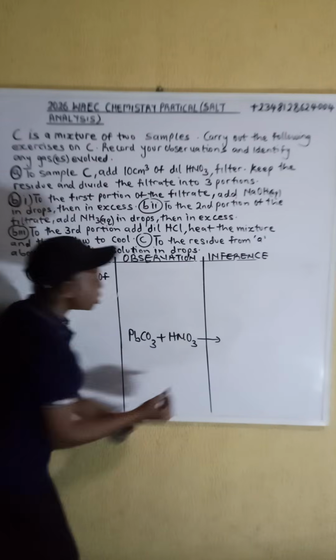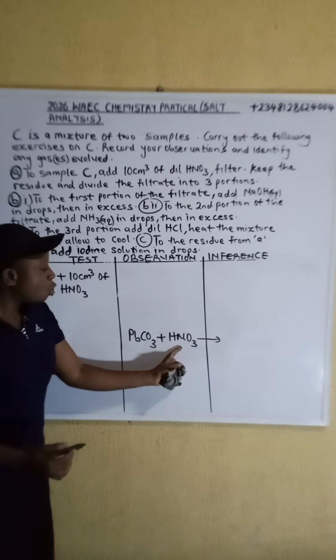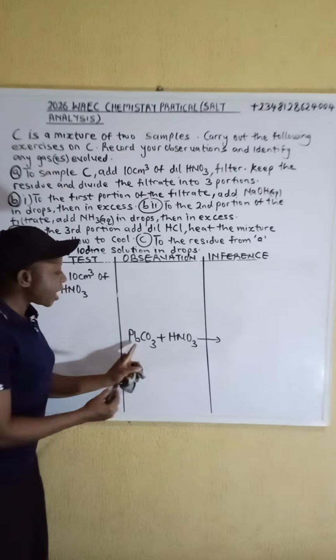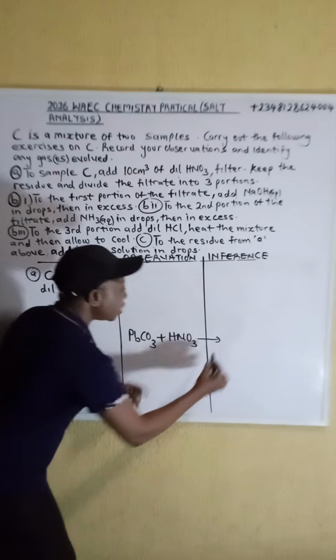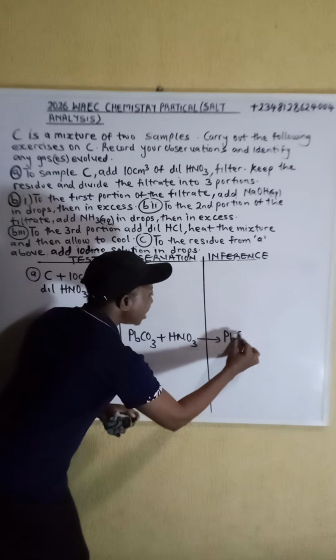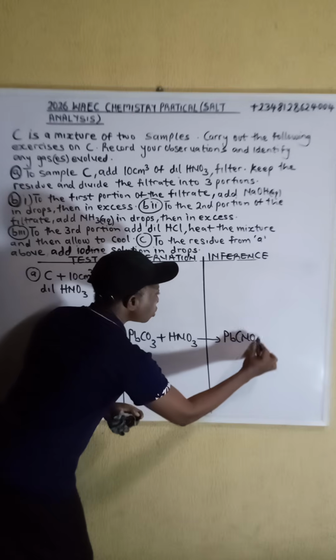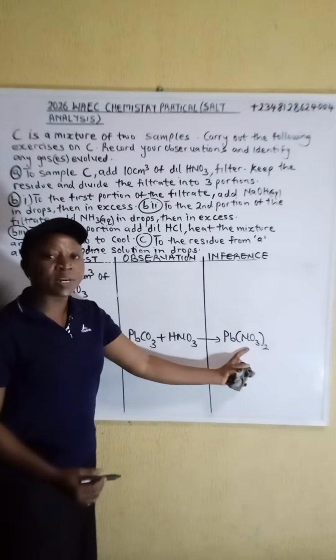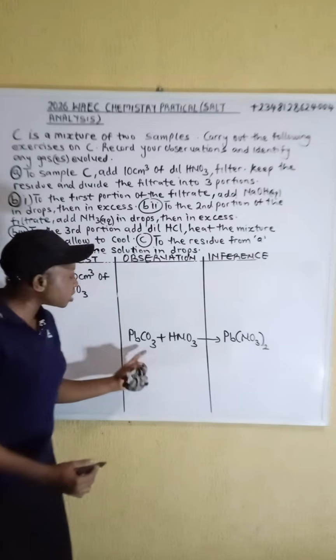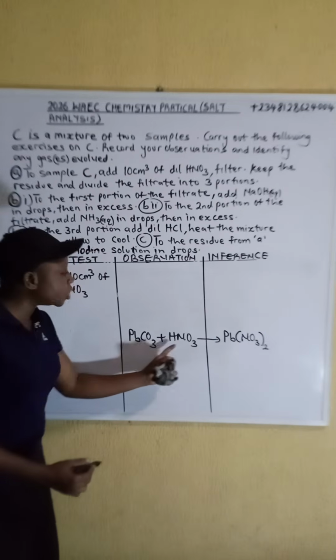So when trioxonitrate(V) acid reacts with a carbonate compound, it will give you lead nitrate. So what we are going to get is a clear solution of what? Of lead nitrate. Because this lead carbonate will dissolve in what?